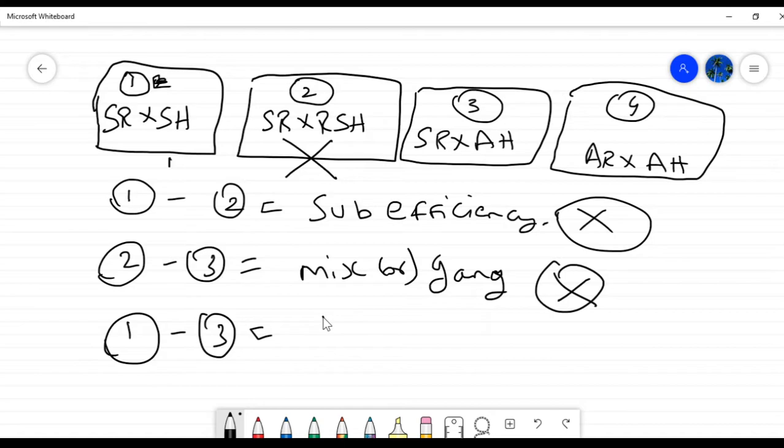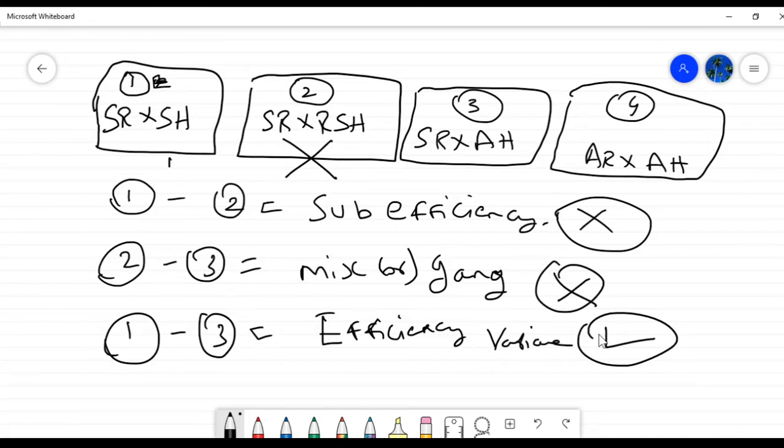This is efficiency variance. This is applicable for this problem. Okay.